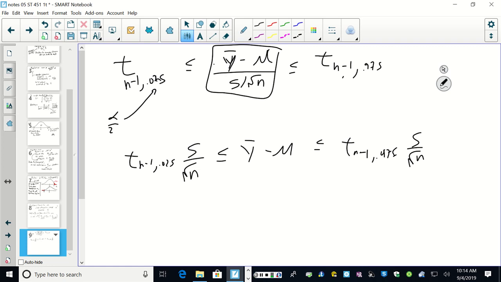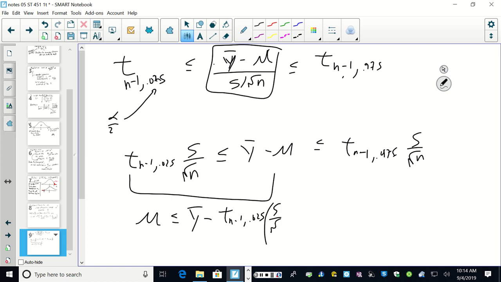So on this side, we're also going to subtract that thing. So this side can become mu is less than or equal to y bar minus t n-1, 0.025 times s over the square root of n.